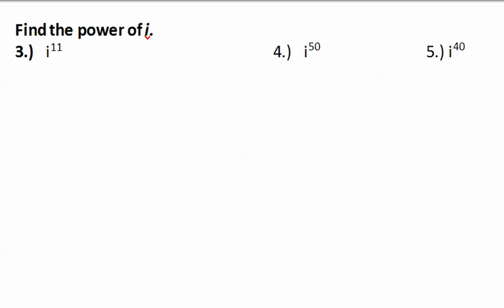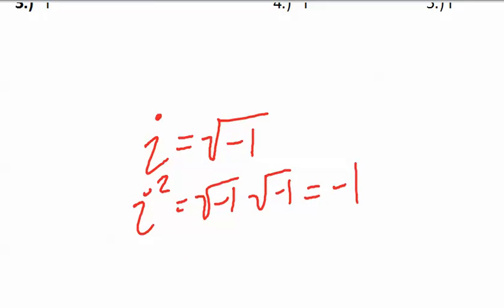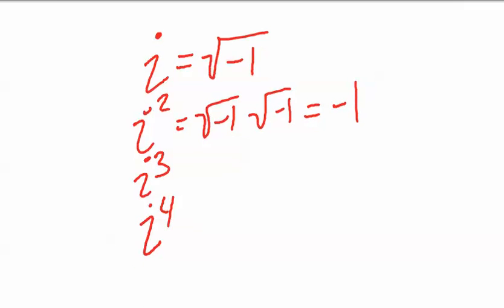And finally, the last concept, we're going to talk about the powers of i. In the last video, we talked about how i is really the square root of -1, and that i squared is square root of -1 times square root of -1, which is -1. But what happens if we keep going with this? i cubed, i to the 4th.